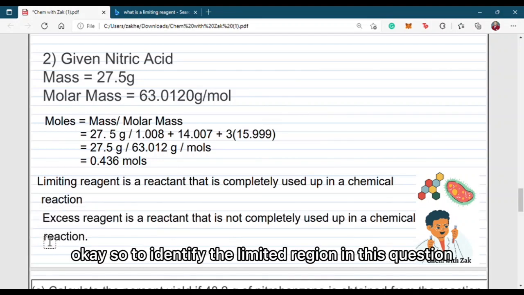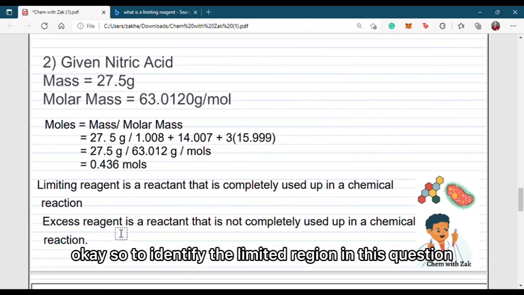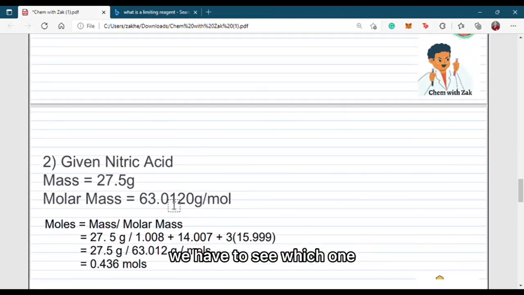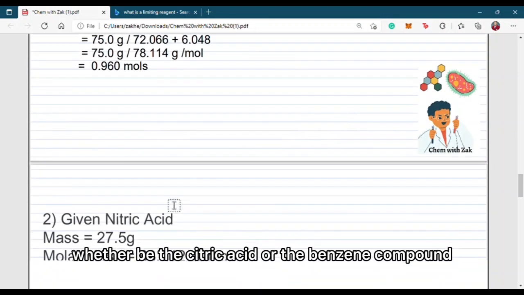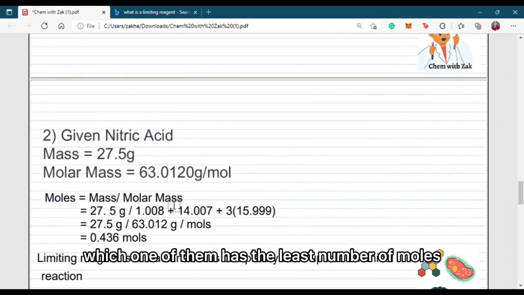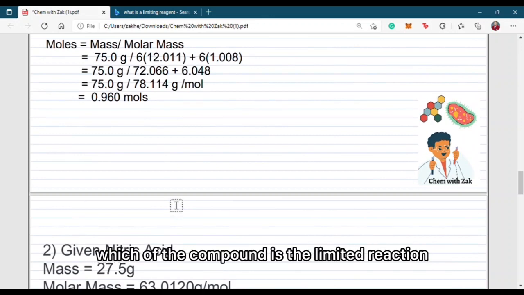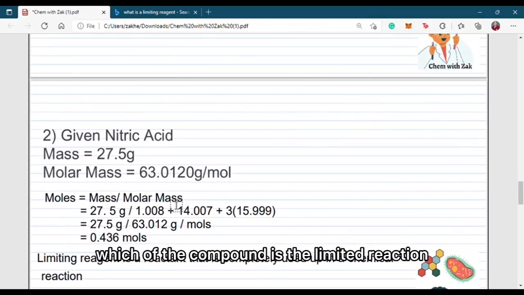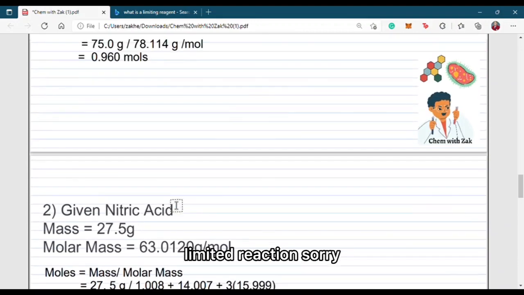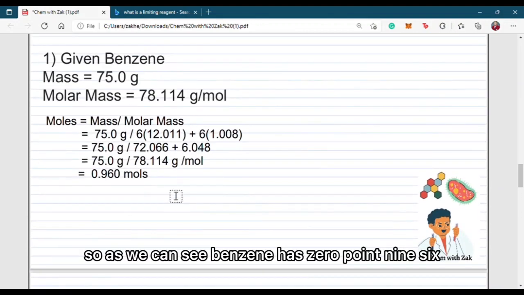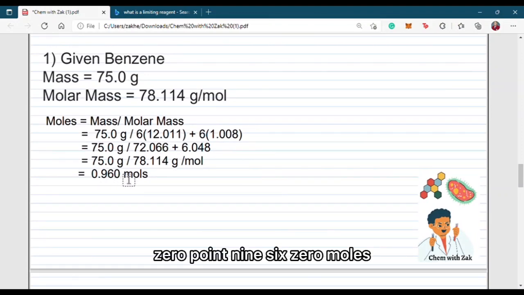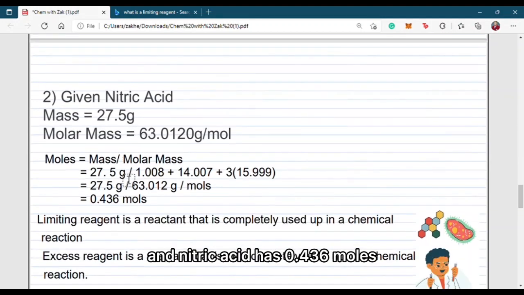Okay, so to identify the limiting reagent in this question, we have to see which one, whether it be the nitric acid or the benzene compound, has the least number of moles. The least number of moles will tell us which compound is the limiting reagent. As we can see, benzene has 0.960 moles and nitric acid has 0.436 moles.